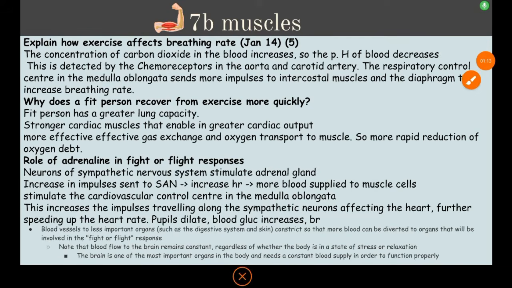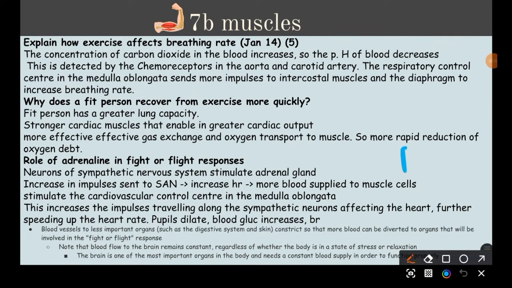In the past paper questions, the students were given this grid, and it had all the numbers of the blood flow normally and the blood flow when the person is stressed or when there is adrenaline. And it asked why the blood flow to their brain remains constant, whether it's in a state of stress or relaxation.